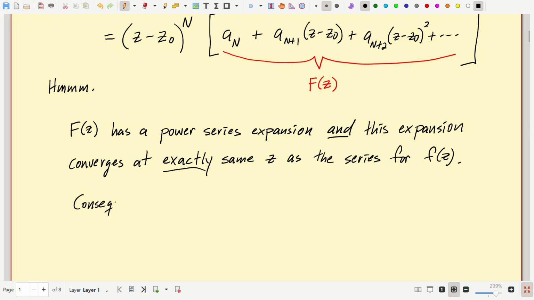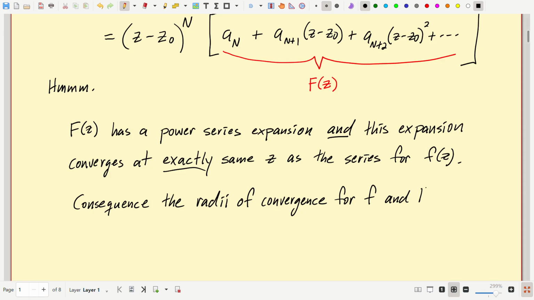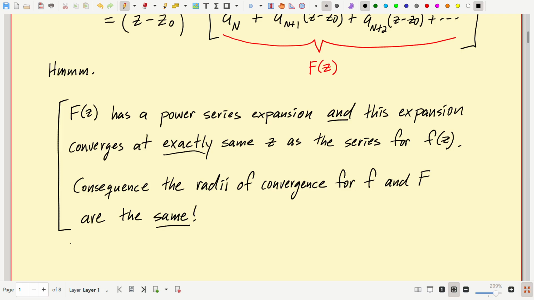Consequently, the radii of convergence for little f and big F are the same. Okay, so this is actually important reasoning.